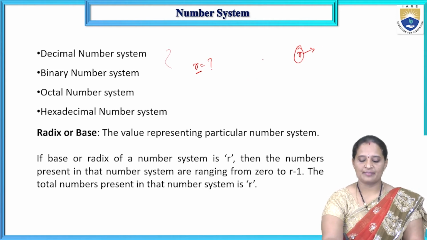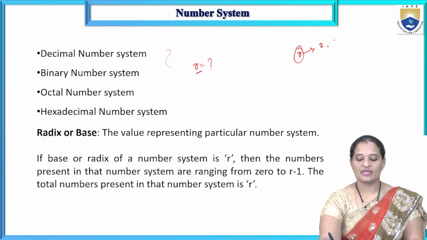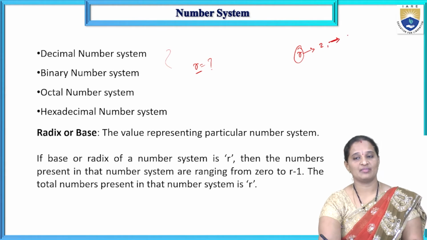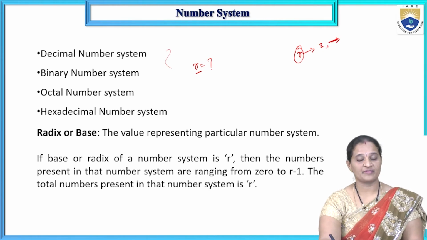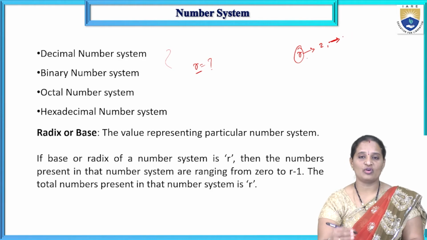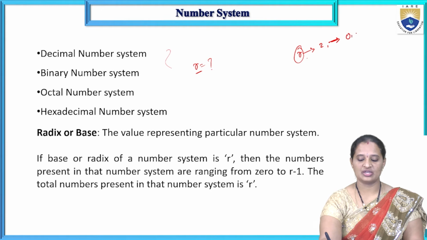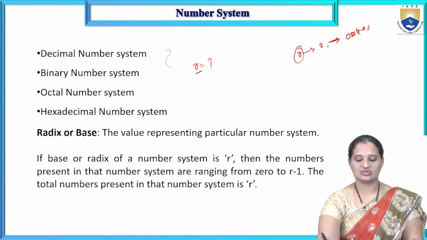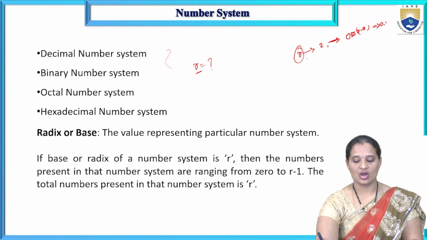For example, if R is equal to 2, the number of symbols or digits that can be included in this number system is 2. And what are the symbols? 0 to R minus 1. So if R is 2, the symbols included are 0 and 1.